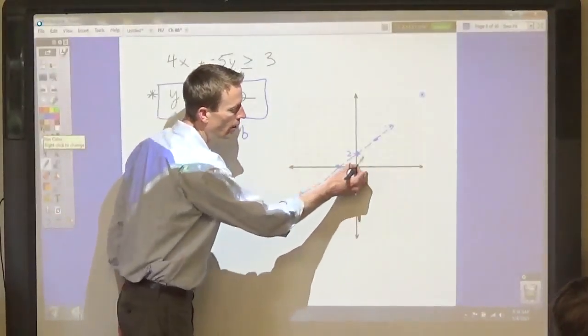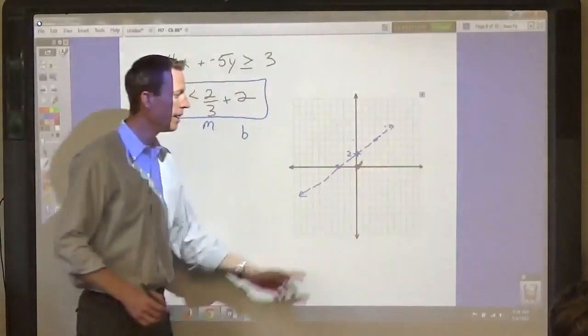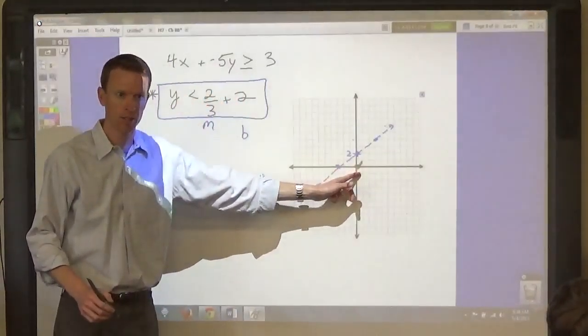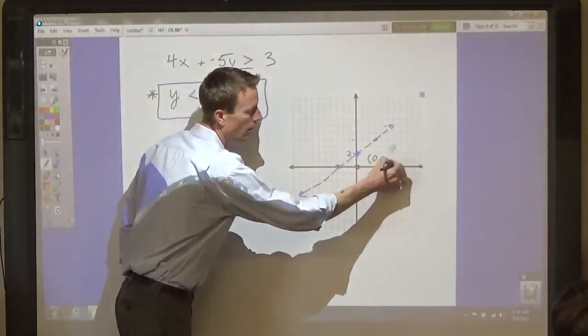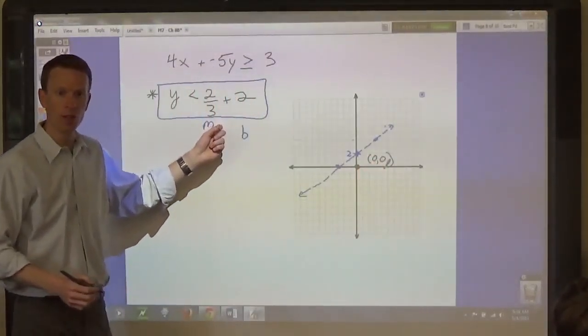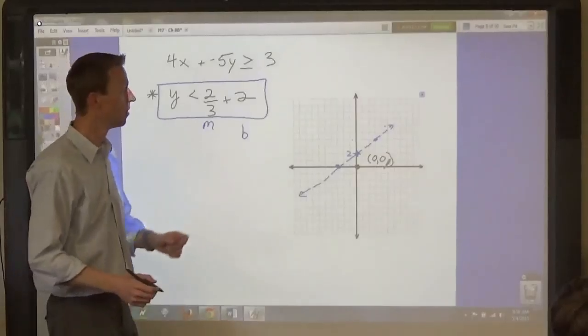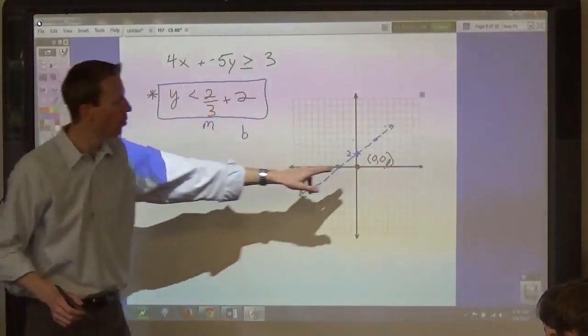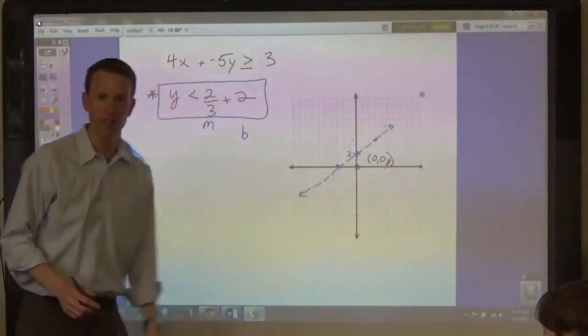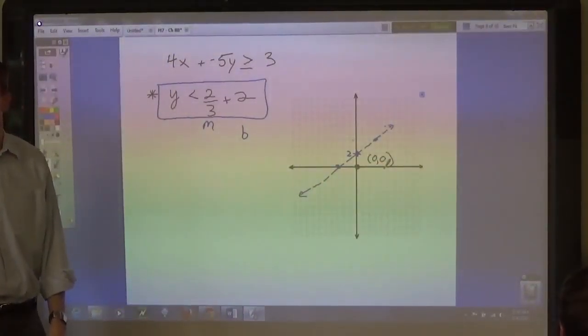So what we want to do is check and see if the origin, 0, 0, makes the equation true. We're going to see if that gives us a true equation when we put 0 and 0 in for x and y.